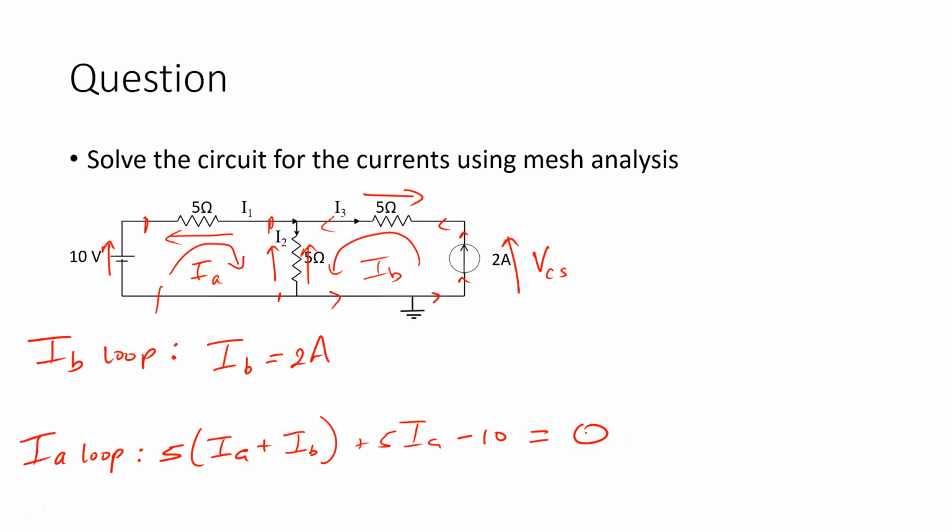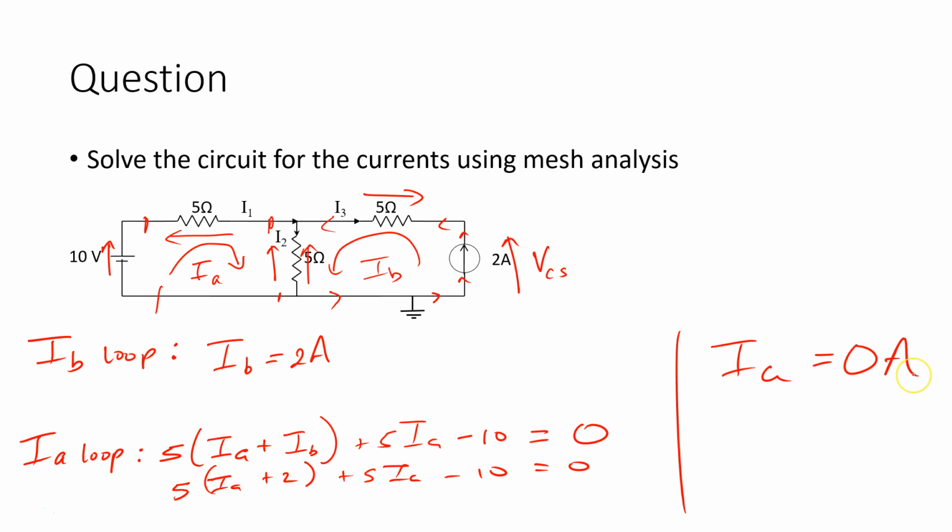And I know here now that IB is 2. So I could substitute IB as 2 and I will get 5 IA plus 2 plus 5 IA minus 10 is equal to 0. And that should give me IA is equal to 0 amps.